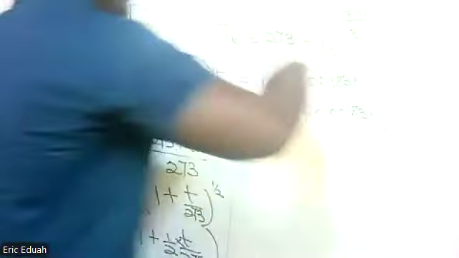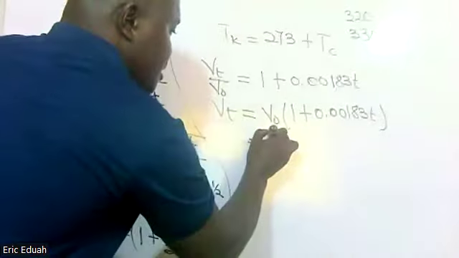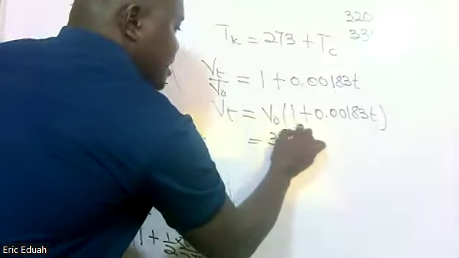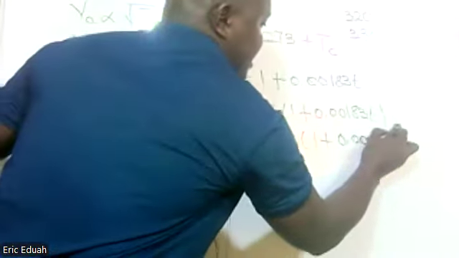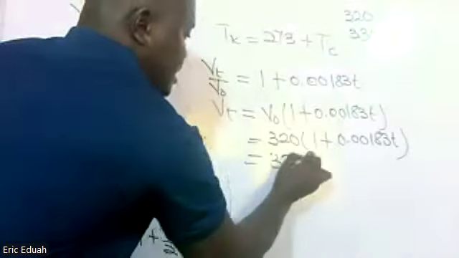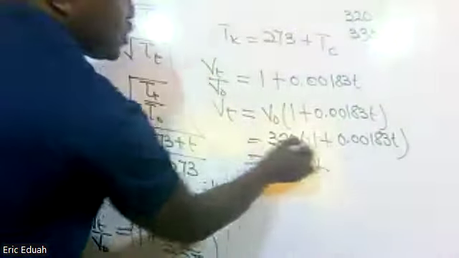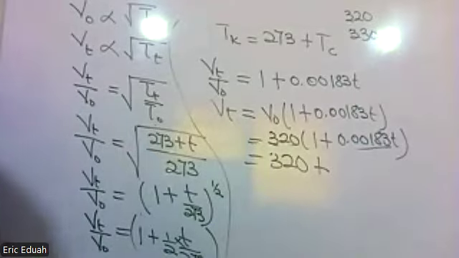Sometimes it's taken as 330. So depending on whatever you are given, if it's then 320 times (1 plus 0.00183 t). Let's expand 320. Multiply 320 by this, 320 by the coefficient of t.